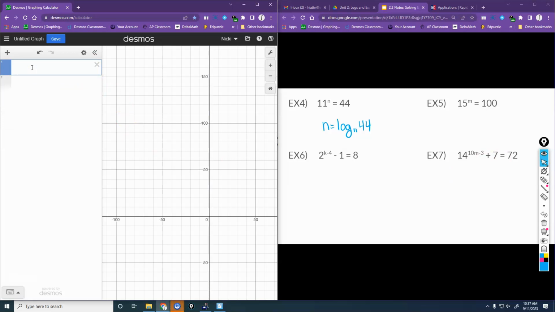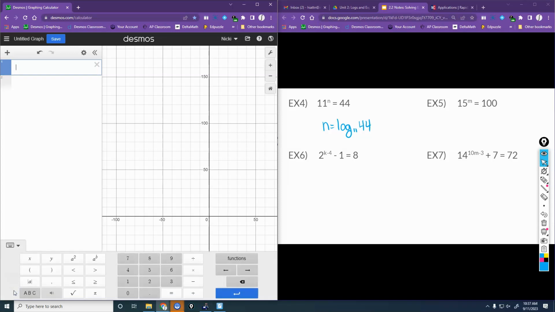If you are using Desmos, you can go all the way down to functions. Log with that little base, and you're going to tell it 11 of 44. Put that in the parentheses there. And so I'm getting 1.5781. I think your worksheet today is going to tell you to round to 4 decimal places. 1.5781.